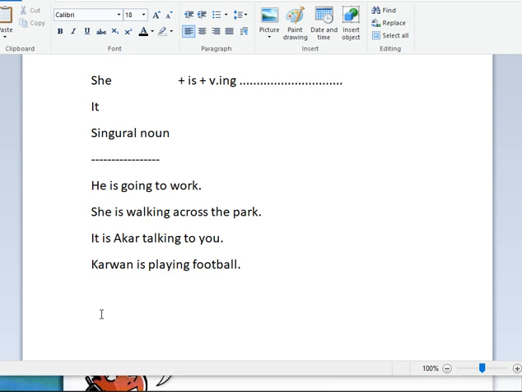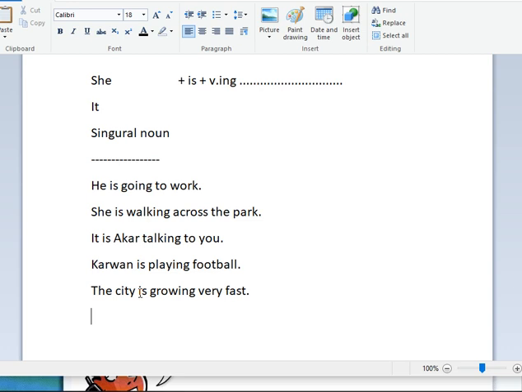If it's not a human, for example, the city. The city is not human, and it's singular. The city is growing, for example, very fast.